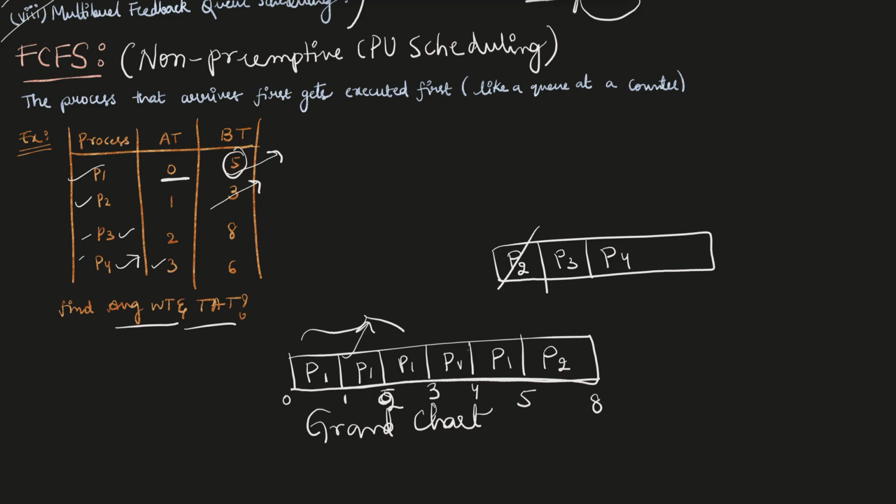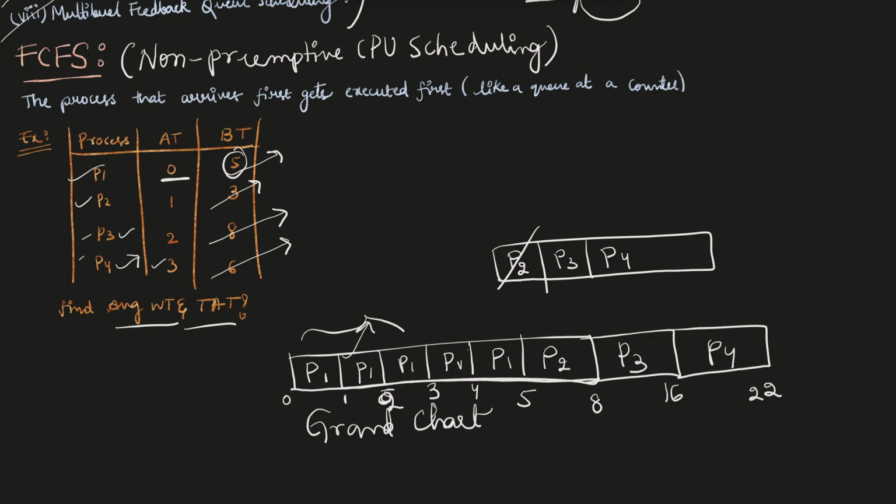Then P2 is completed. The next process is P3, which would move 8 units, so 8 plus 8 is 16. Next process is P4 and it would move 6 units, so 16 plus 6, that is 22.